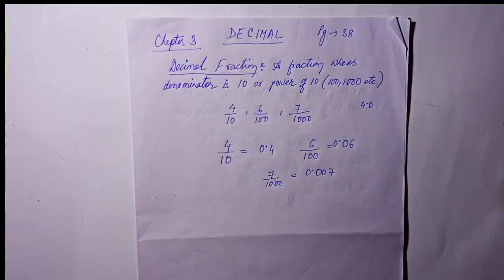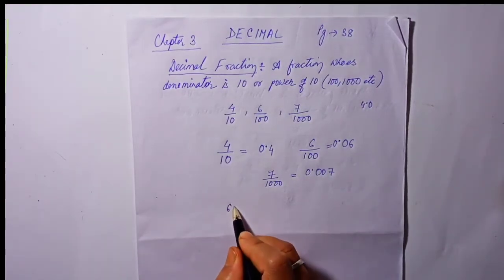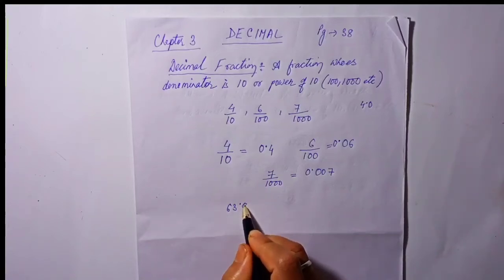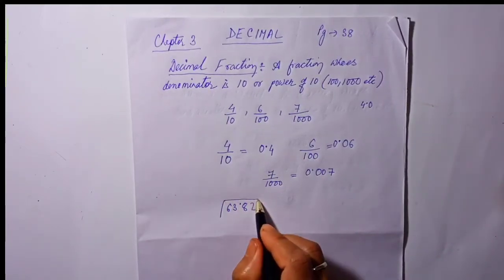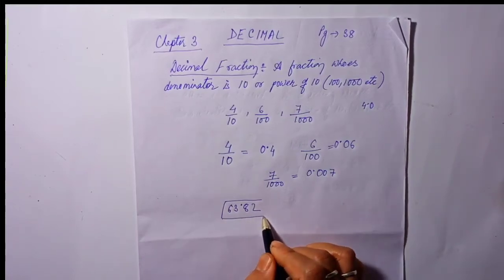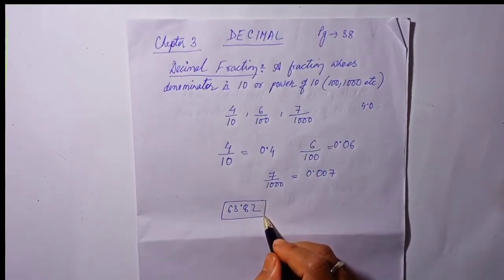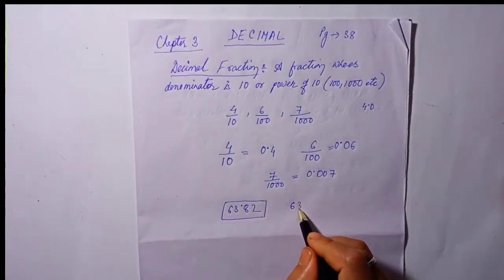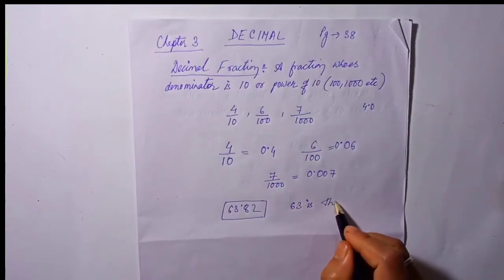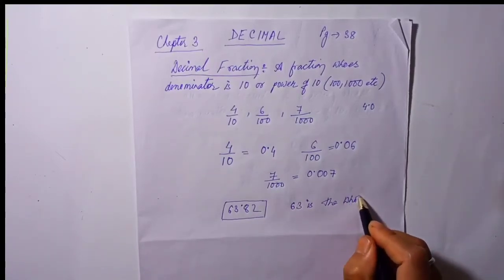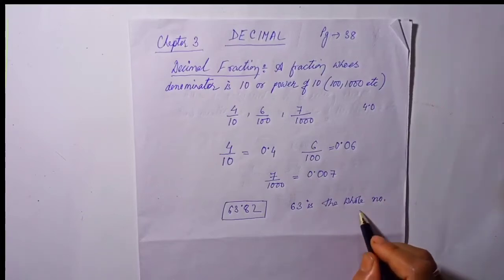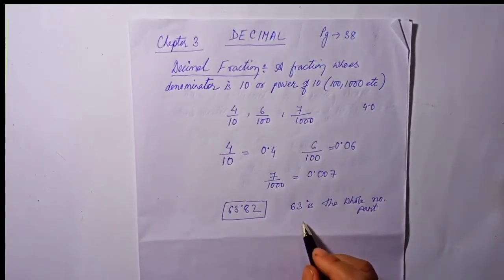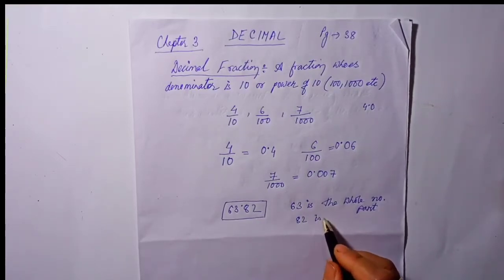I'm just refreshing your memories. In a decimal number, suppose there is a number like 63.82. In a decimal number there are two parts. One part is called the whole number part and the other part is called the decimal part. Here 63 is the whole number part and 82 is the decimal part.